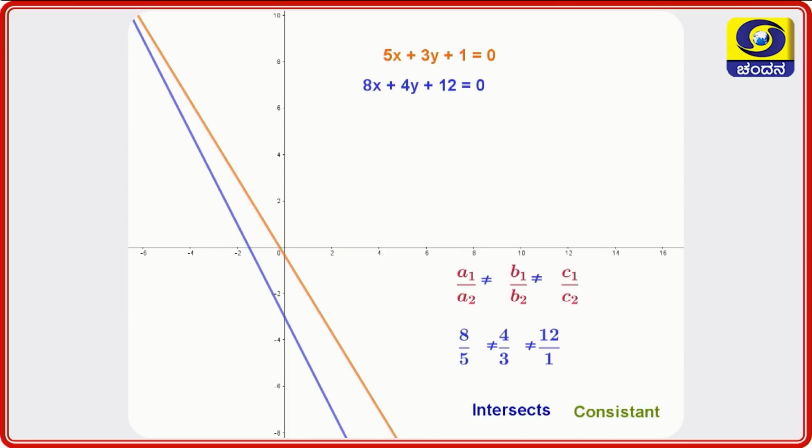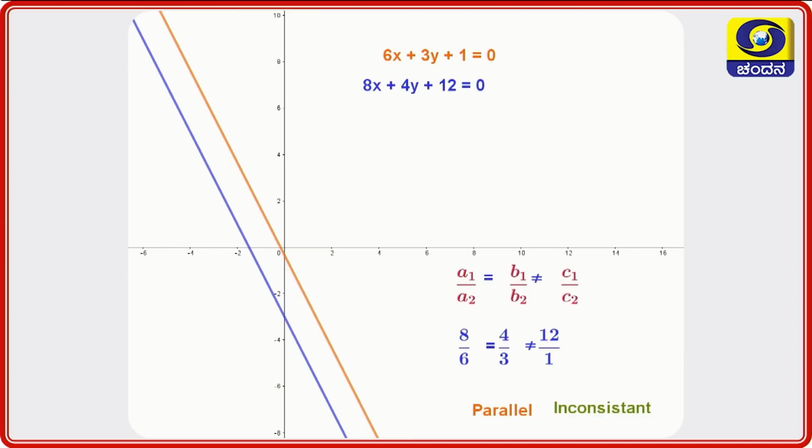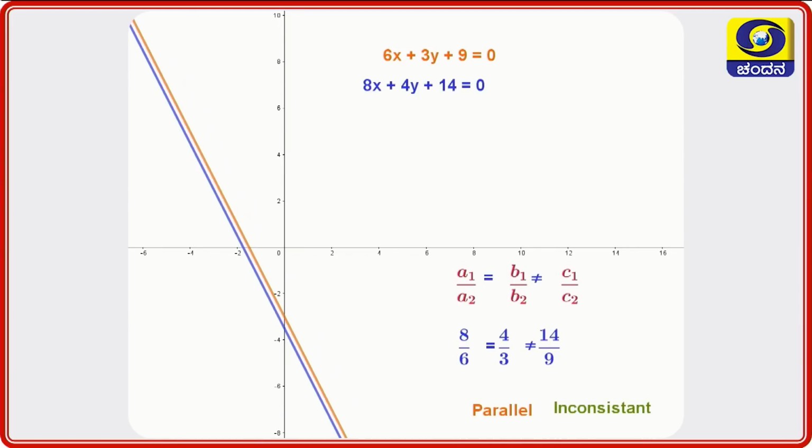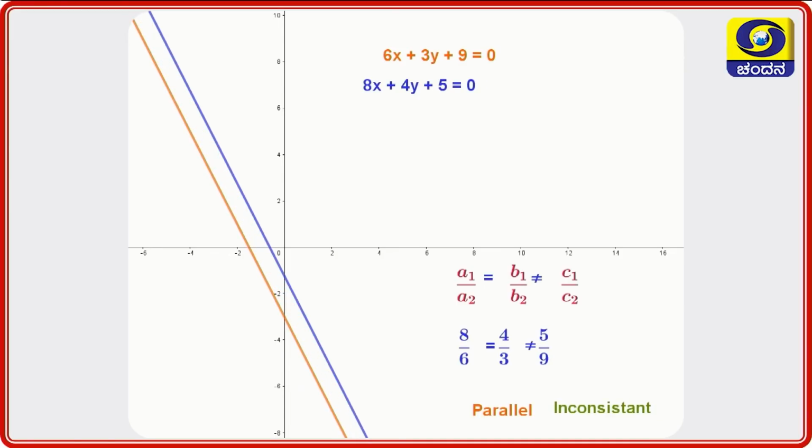When they are parallel, a1/a2 is equal to b1/b2, not equal to c1/c2, then only these two lines are parallel and they have inconsistent solutions. When they coincide with one another, observe here, children, a1/a2 is equal to b1/b2 is equal to c1/c2, then only these two equations will coincide.